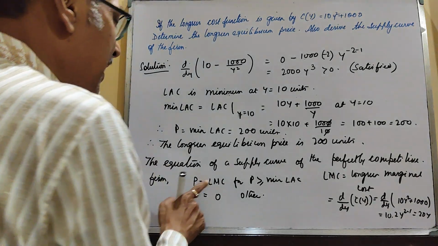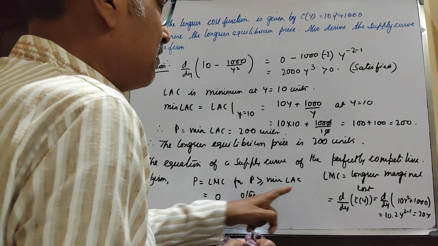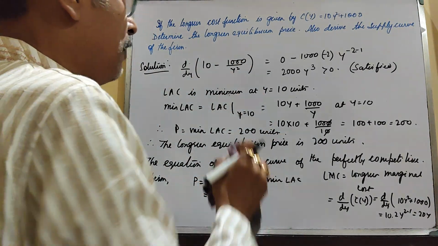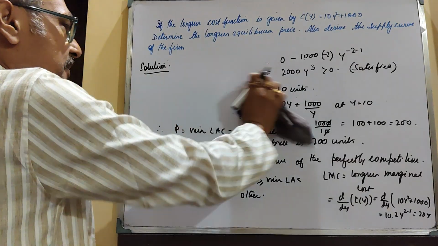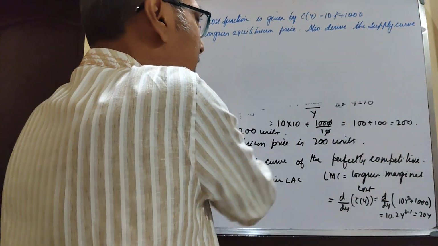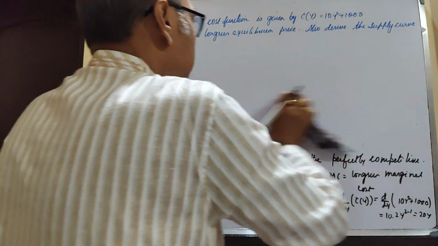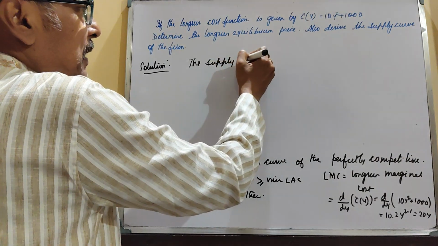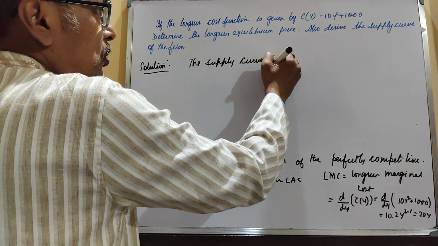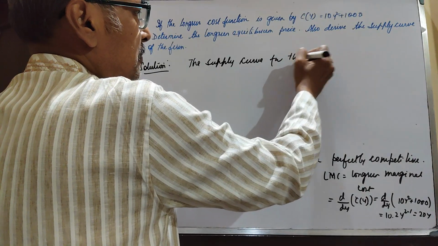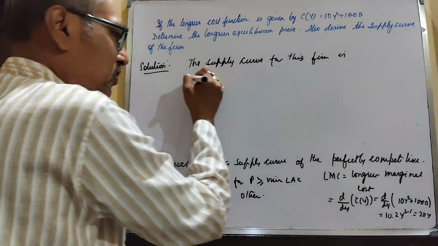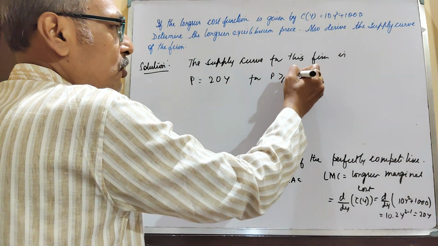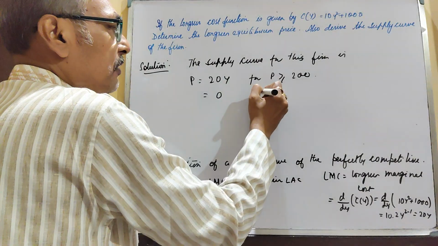Now we put P equals LMC, and we know the minimum value of LAC is 200. Therefore, the supply curve for this firm is P equals 20y for P greater than or equal to 200, 0 otherwise.